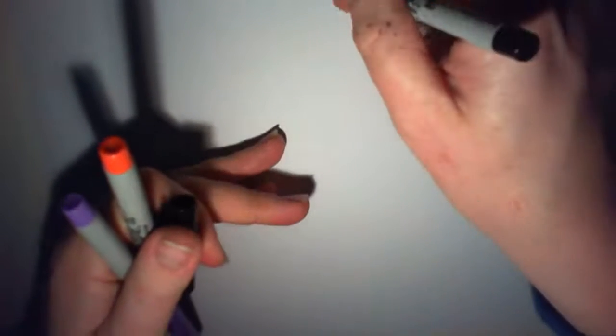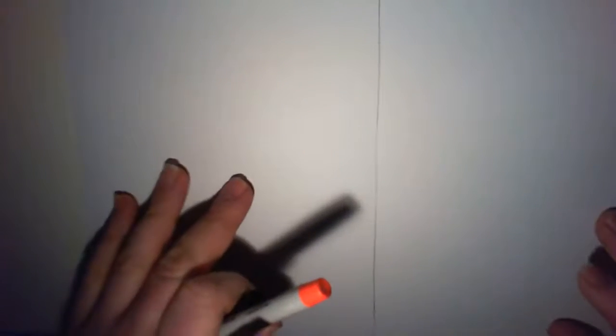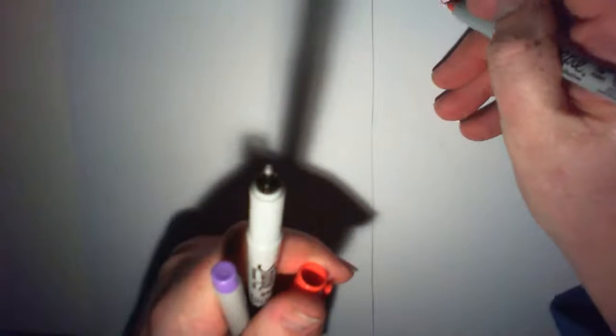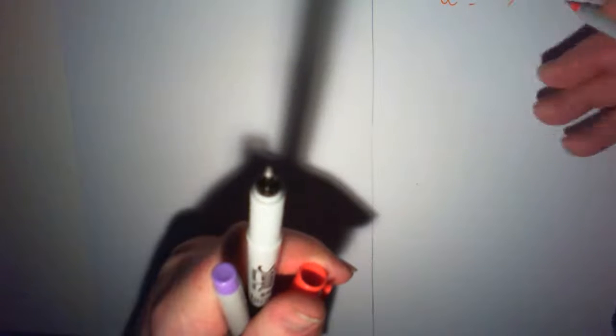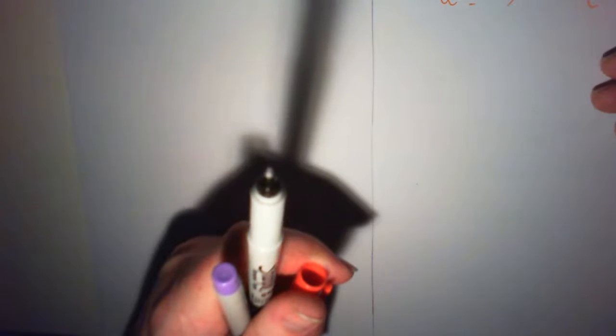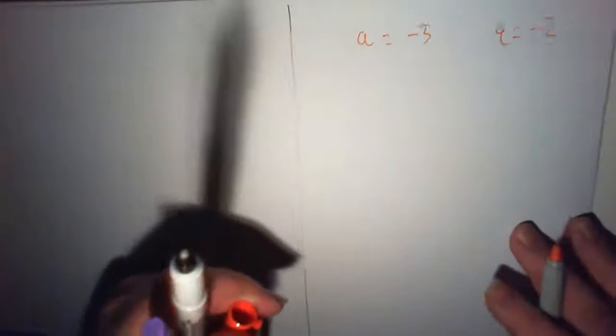Right, let's try another one. Let's do A and Q. A is equal to minus 3 and Q is equal to minus 2. Okay.